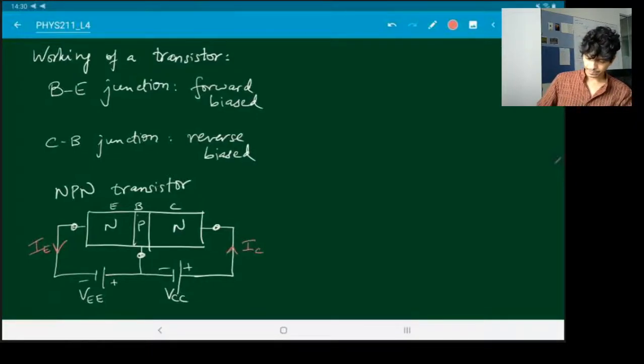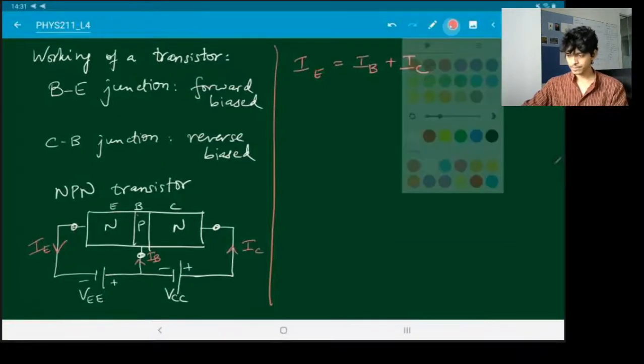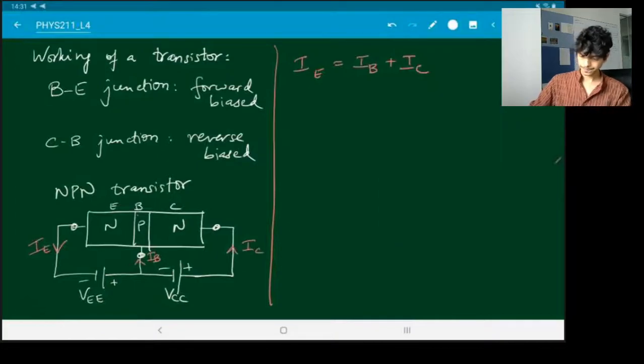And finally, at the base also, because of recombination of majority and minority current carriers, electron and hole recombination, you have a small current IB flowing in. So IE equals IB plus IC. This is simply the total current being conserved.